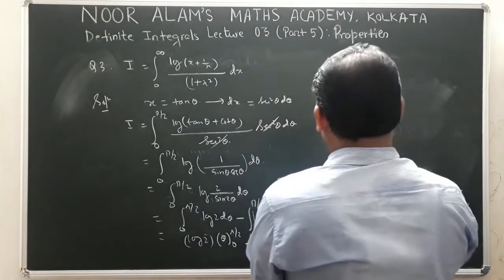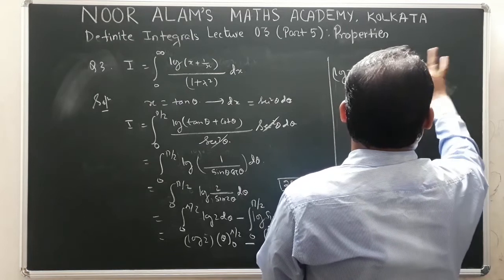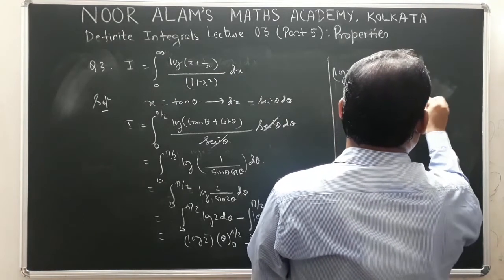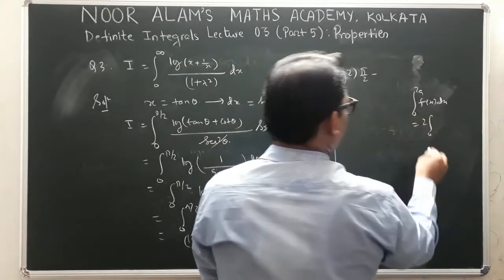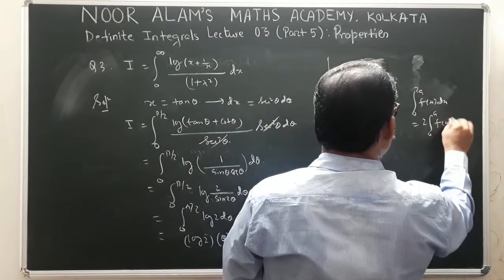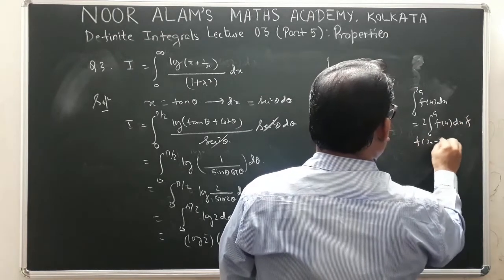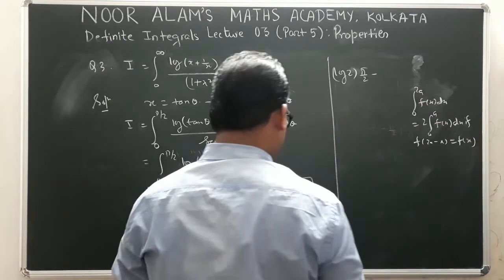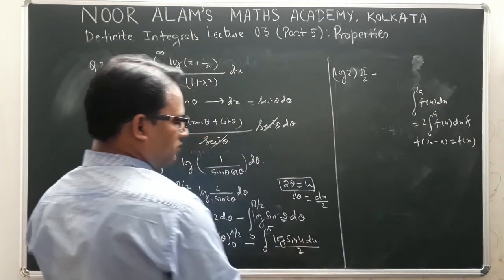Now in this case we know one property: integration 0 to 2a of f(x) dx can be written as 2 times integration 0 to a of f(x) dx, if f of 2a minus x is equal to f of x. We are going to use this property because we know that log of sin (pi minus u) is the same as log of sin u.